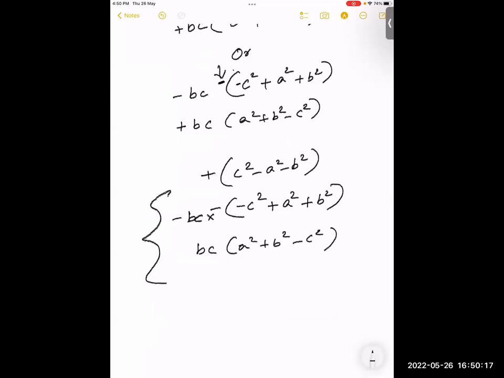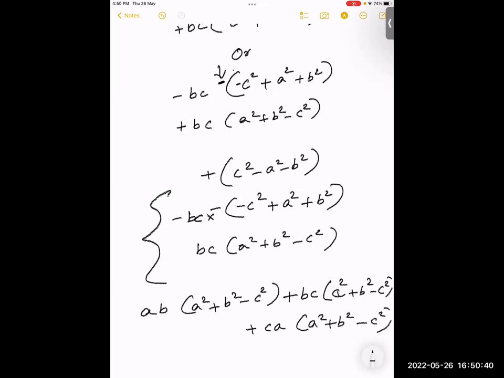And then repeat the question. I'm rewriting the question once again. I would say A square plus B square minus C square. The second term will become plus BC into the same thing, A square plus B square minus C square. Third term will become minus CA into A square plus B square minus C square.